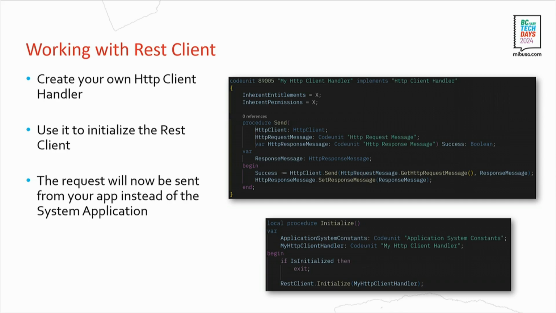And this makes it so powerful, because now your app will be asked if you want to allow outgoing requests. And telemetry is going to your app and not Microsoft. What you need to do is, on the REST client, initialize it with that client handler. That's all. So you define that one time and use it on initialize.